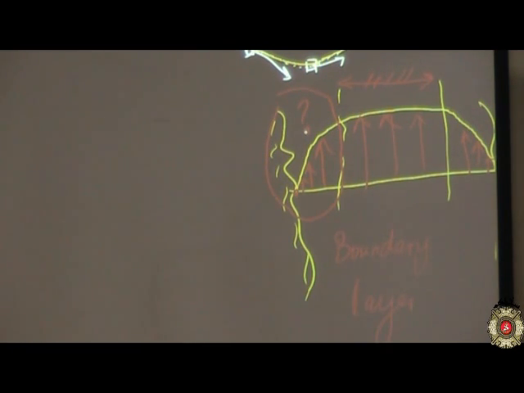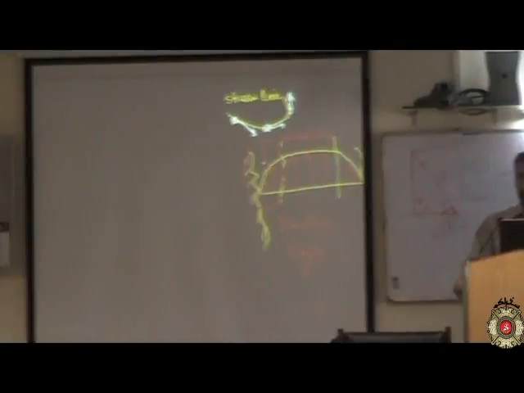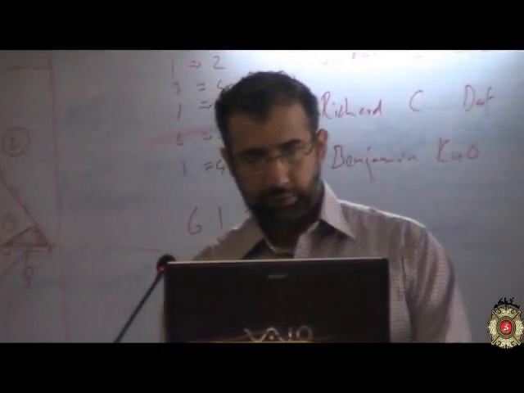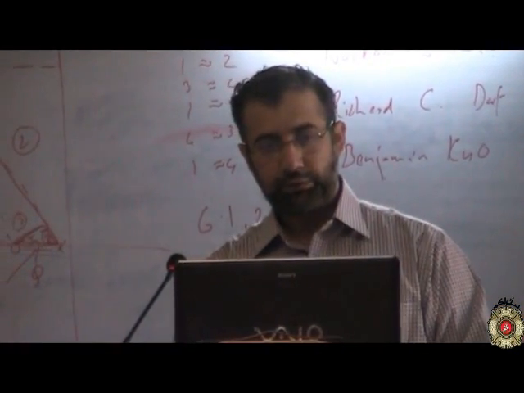To write an equation to model the boundary layer, Blasius was the first guy who wrote an analytical expression, saying this is the law which governs the boundary layer on a flat plate. Similarly, if I give you an example, let's say this is a table in front of us, and there is a fan here blowing towards that, so the velocity variation over the table is something like this.